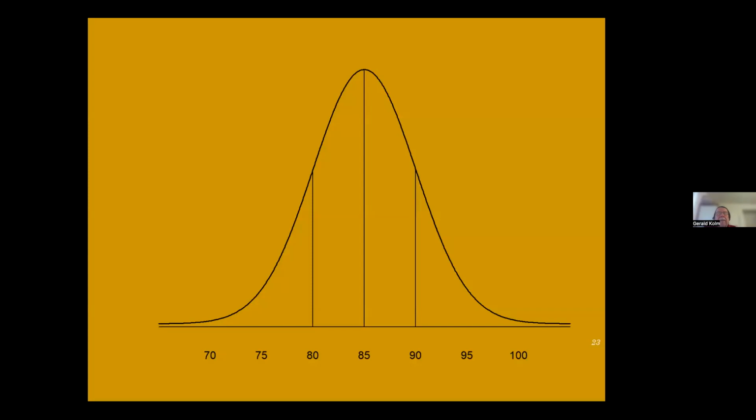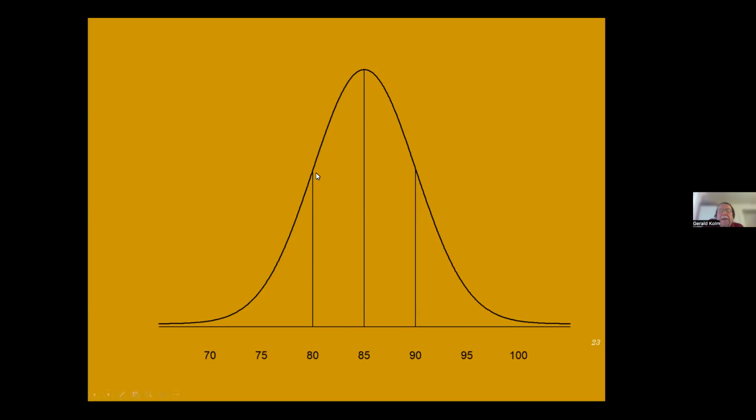In this picture of a normal distribution, we can see this. In this particular normal distribution, I have a mean of 85 and a standard deviation of 5. And in a normal distribution, one standard deviation occurs where the curve changes from convex to concave, or concave to convex, whichever way you're going here.